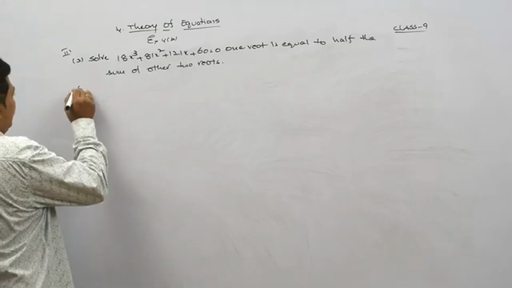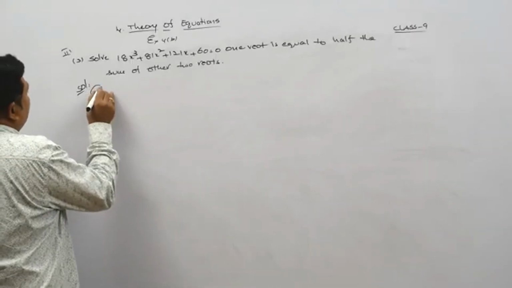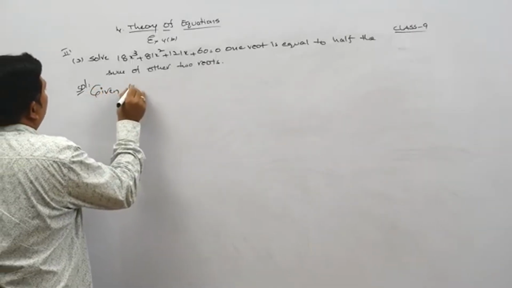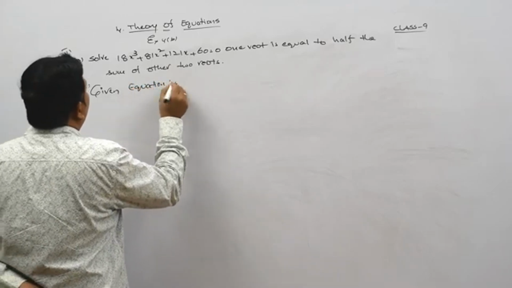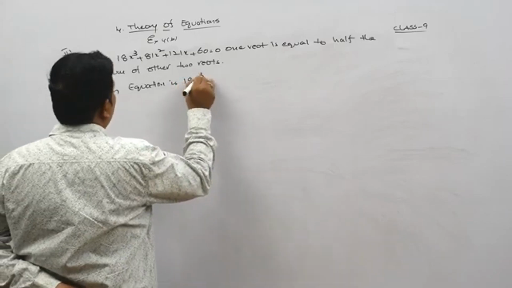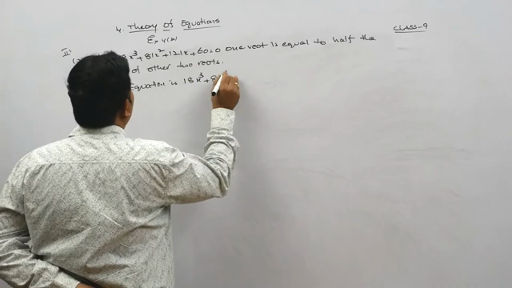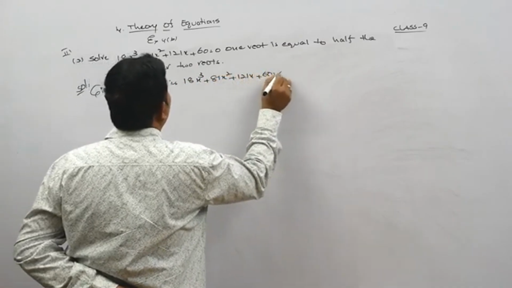So solution, the given equation is 18x cube plus 81x square plus 121x plus 60 is equal to 0.